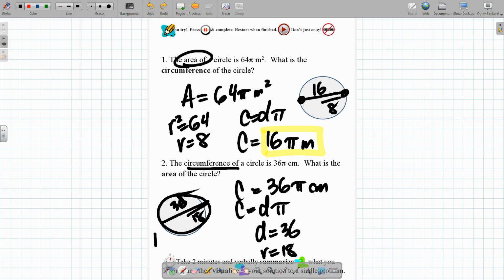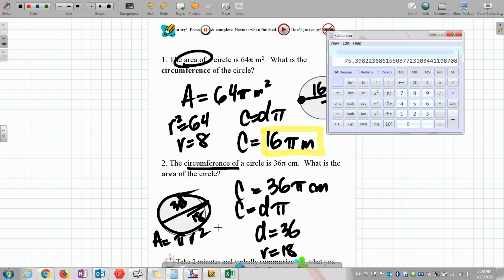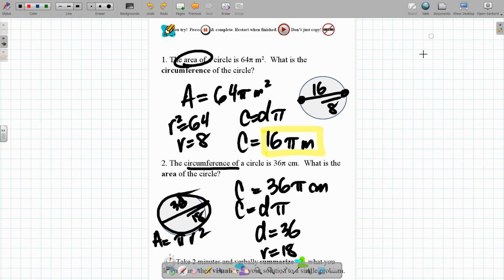So we come over here, area equals pi r squared. So 18 squared. Let's try that again. 18 squared. 324. So you should have gotten for your area is 324 pi, check units, centimeters squared.